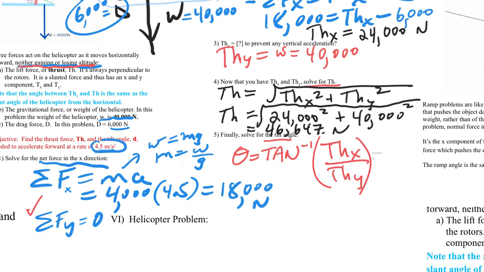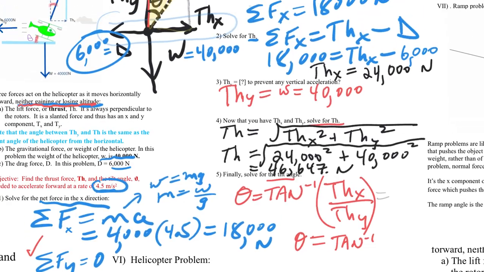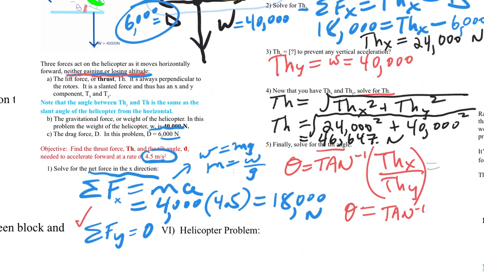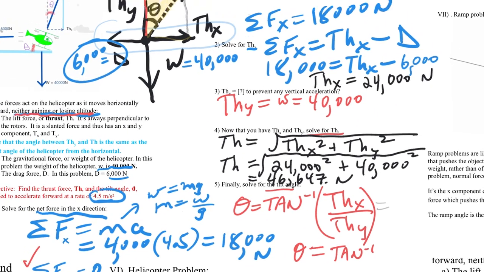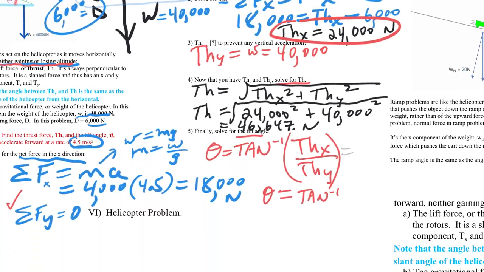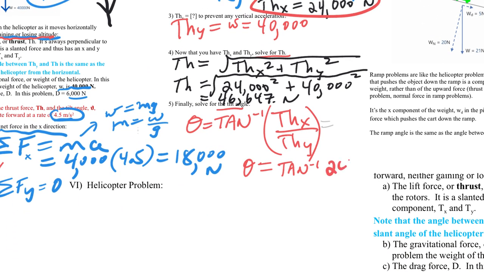So this would equal inverse tangent of what's THX? I found it up here. Where is it? Right here, 24,000 divided by THY, which is 40,000.